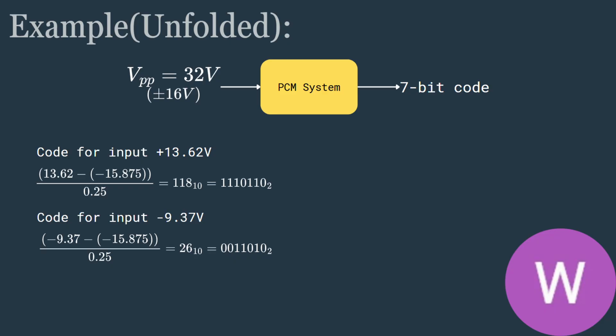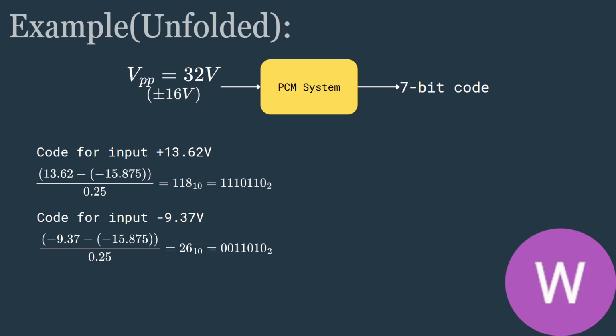So we also use back the formula. The formula is X equal to V minus VKL over delta. So we substitute all the values. X equals to 13.62, the input voltage, minus VKL. VKL is the quantization value, which just now we found is negative 15.875, over the quantization interval, which is 0.25.